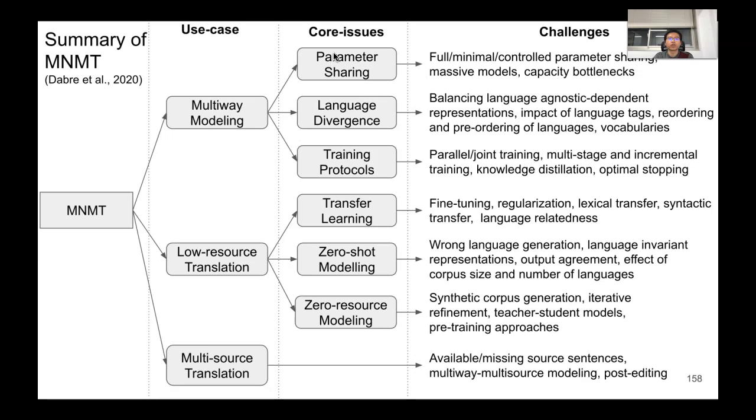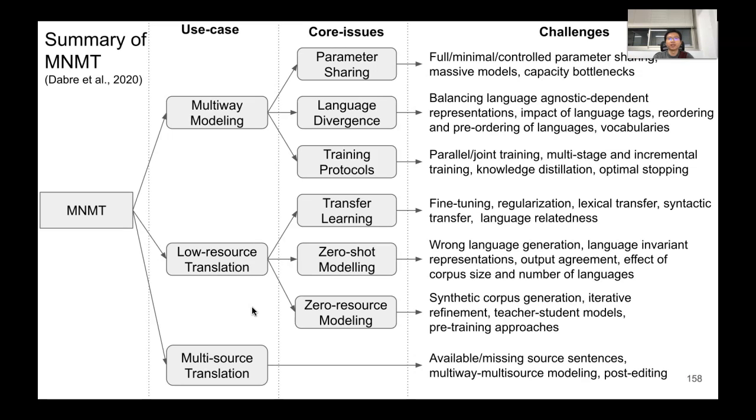The core issues for multi-way modeling are parameter sharing, language divergence, and training protocols. And for low resource translation, they are transfer learning, zero-shot modeling, and zero-resource modeling, right? We discussed all the challenges in these use cases, and we also compared the strengths, weaknesses and remaining problems in these use cases.